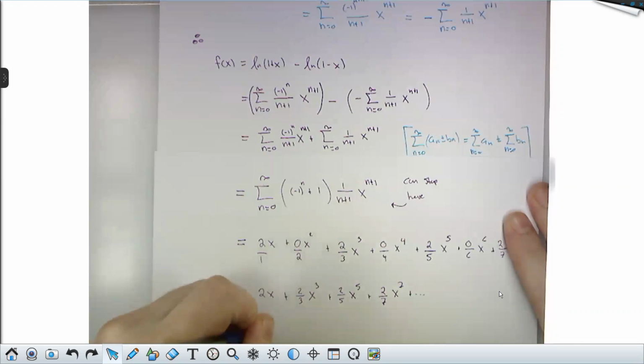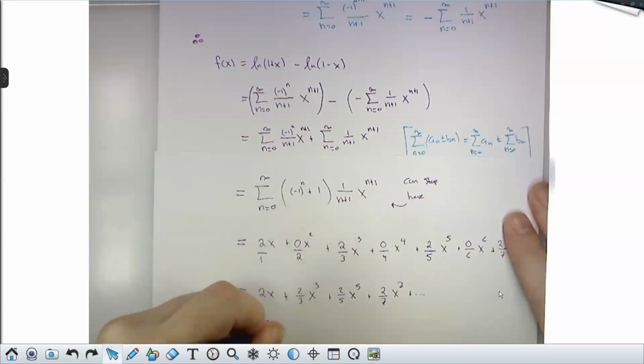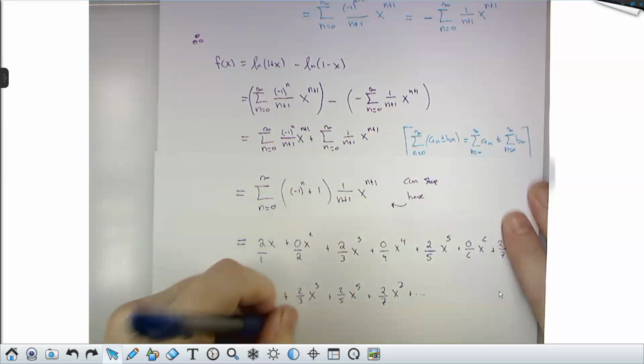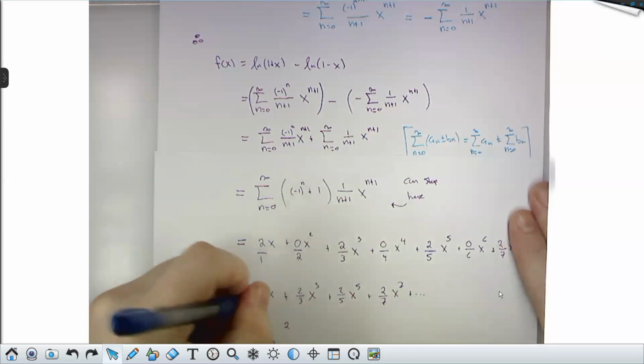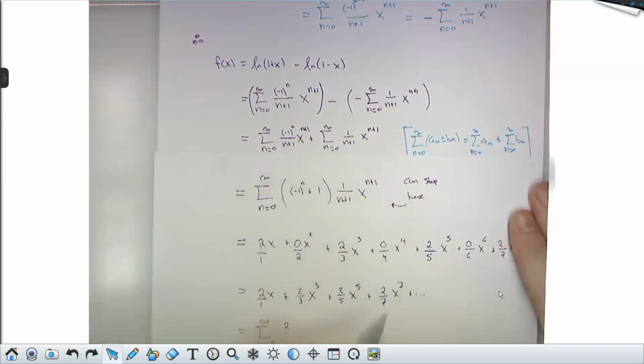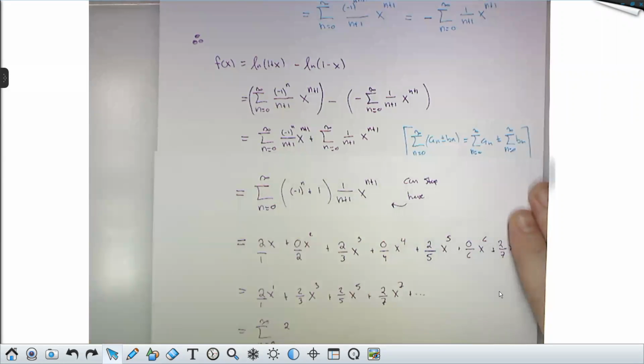And I could rewrite this in sigma notation if I wanted to. Let's say we'll have it start at n equals 0. Clearly there's a factor of 2 here everywhere. Downstairs, this has a 1, 3, 5, 7. And the powers are also 1, 3, 5, 7.